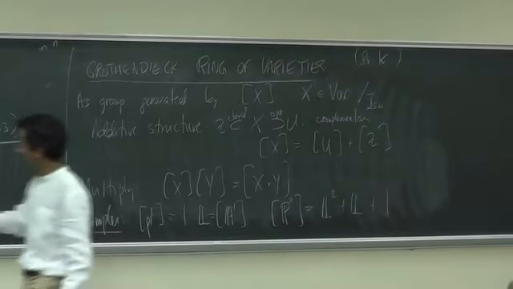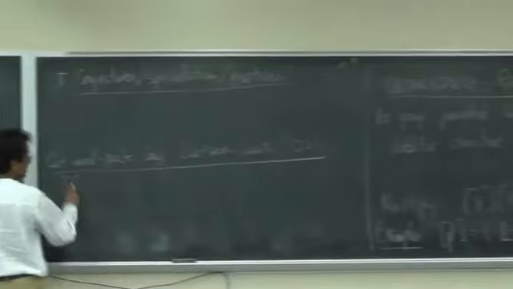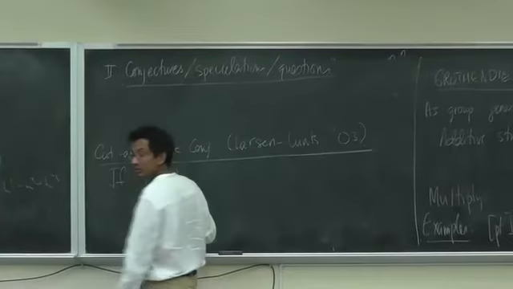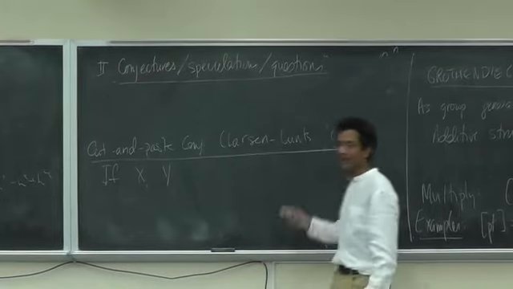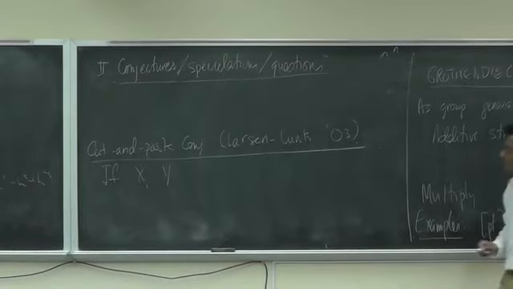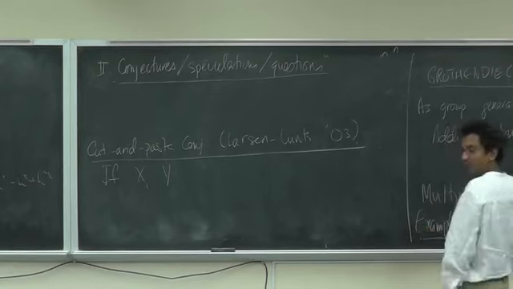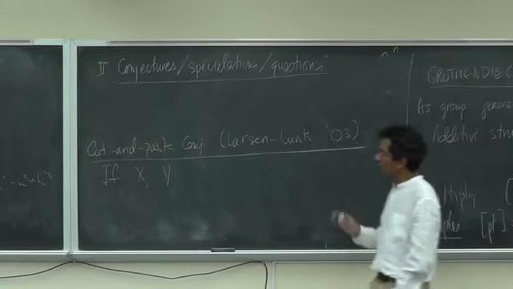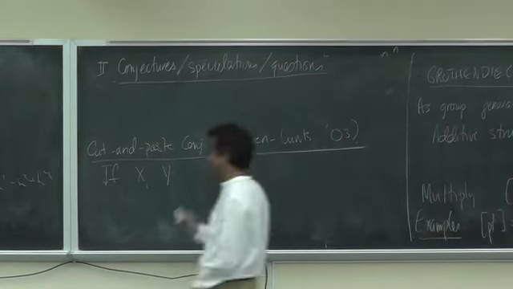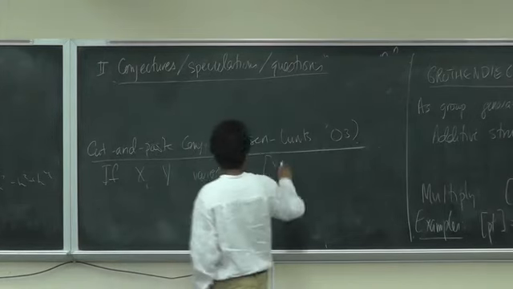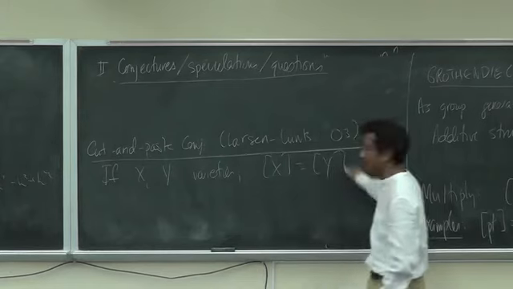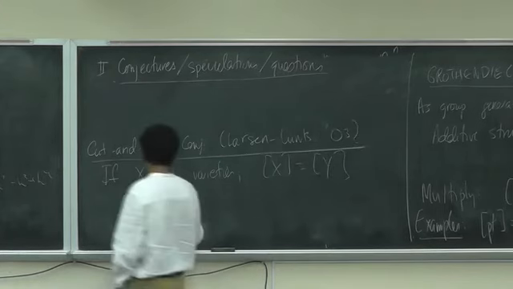Let me say this right here, which is if X and Y are varieties. Is that the conjecture? No, that's a fact. What I just stated was a fact. It comes from the definition. So the third question is the opposite, which is that if X and Y are varieties and X equals Y in this ring, they have the same Euler characteristics.